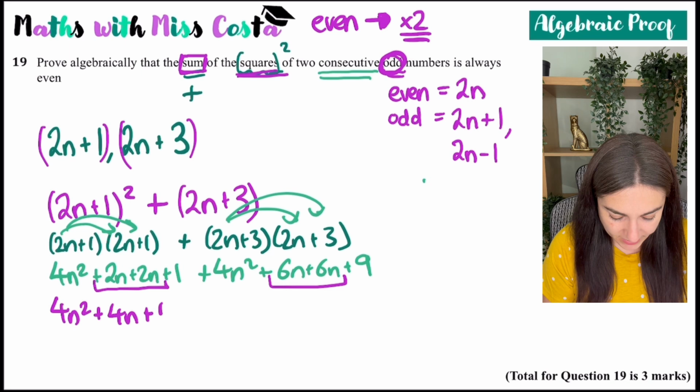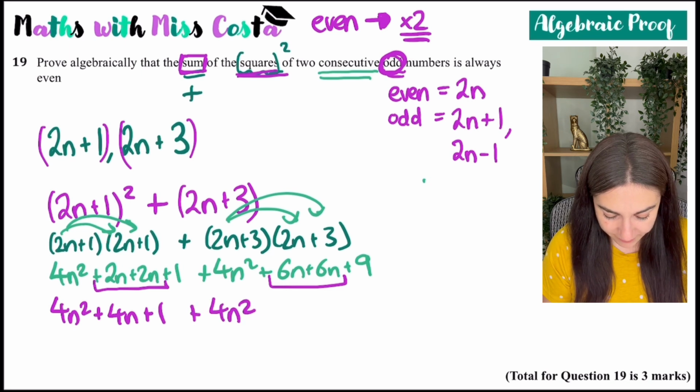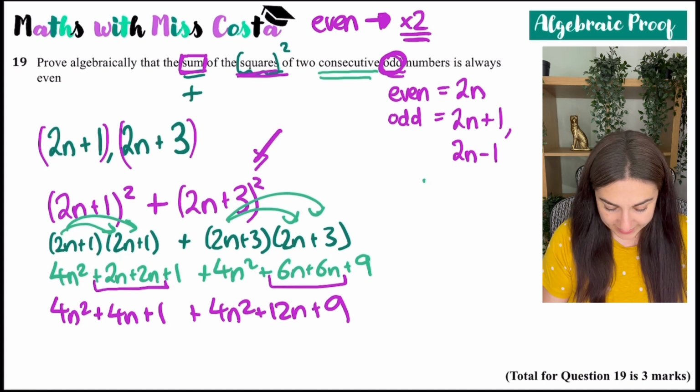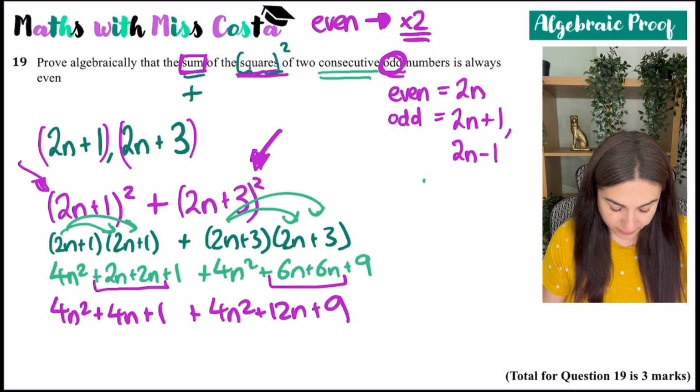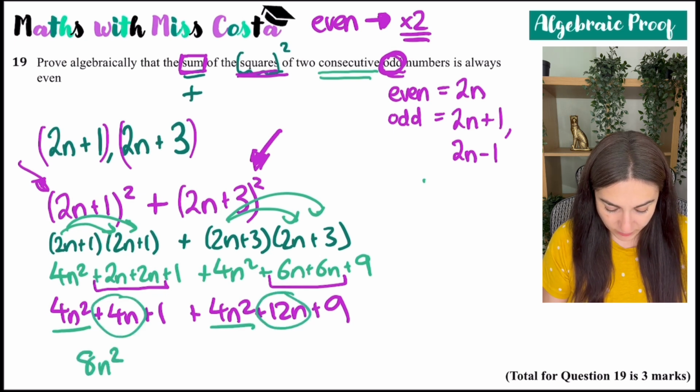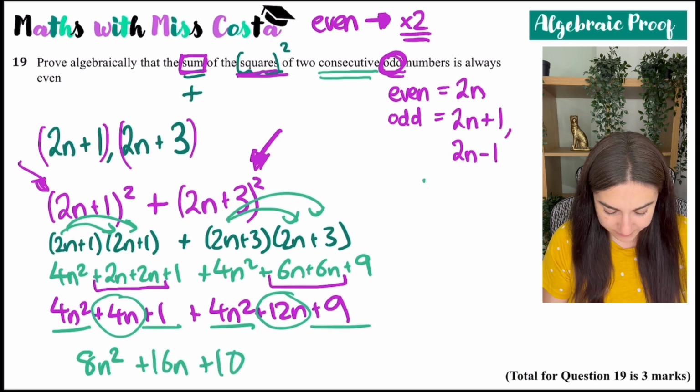Simplifying, that's 4n squared plus 12n plus 9. So these are the squares of two consecutive numbers. The sum of them I need to prove is always even. So let's simplify this expression. That would be 8n squared, 4n plus 12n is 16n, and 1 plus 9 is 10.